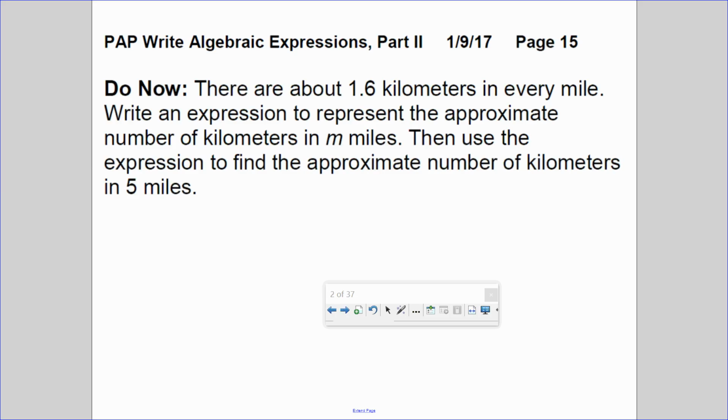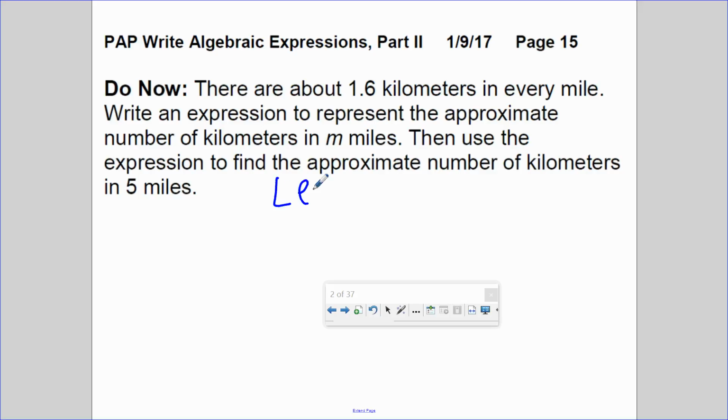So let's go to do now. 1.6 kilometers in every mile. Write an expression to represent the approximate number of kilometers in m miles, and use the expression to find the approximate number of kilometers in 5 miles. So do we know the number of miles?